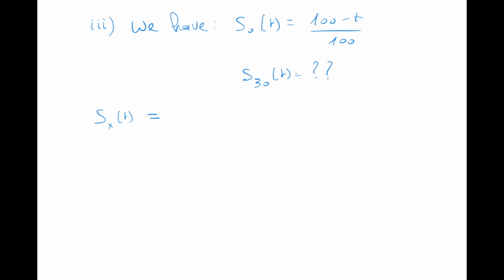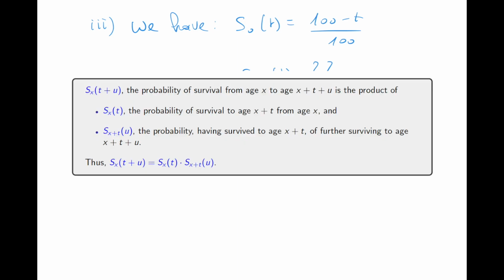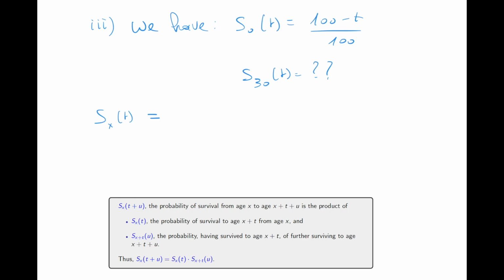We can always jump from the survival function of someone who is 0 years old to the survival function of someone who is x years old with one of our very important expressions. In this case, we know that Sx(t) can be expressed as the survival function of someone who is 0 years old evaluated in x plus t, divided by S0(x).